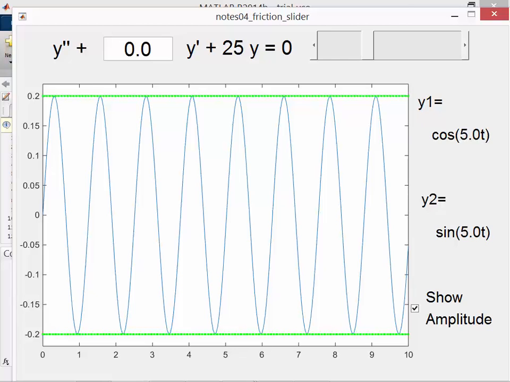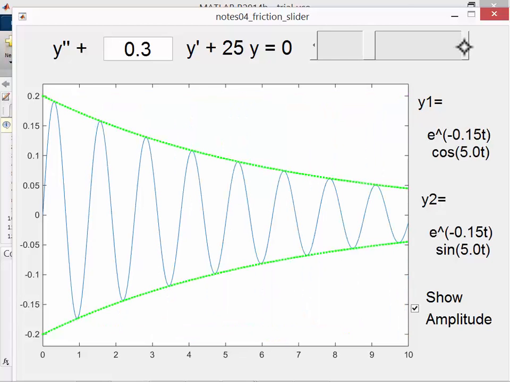Now if we dial up the friction a little bit, what we get is this exponential, and there'd be a coefficient out front, 0.2 in this case, and we'd see that this exponential is a barrier. The sine function goes up and down and up and down, up to touching that exponential curve.